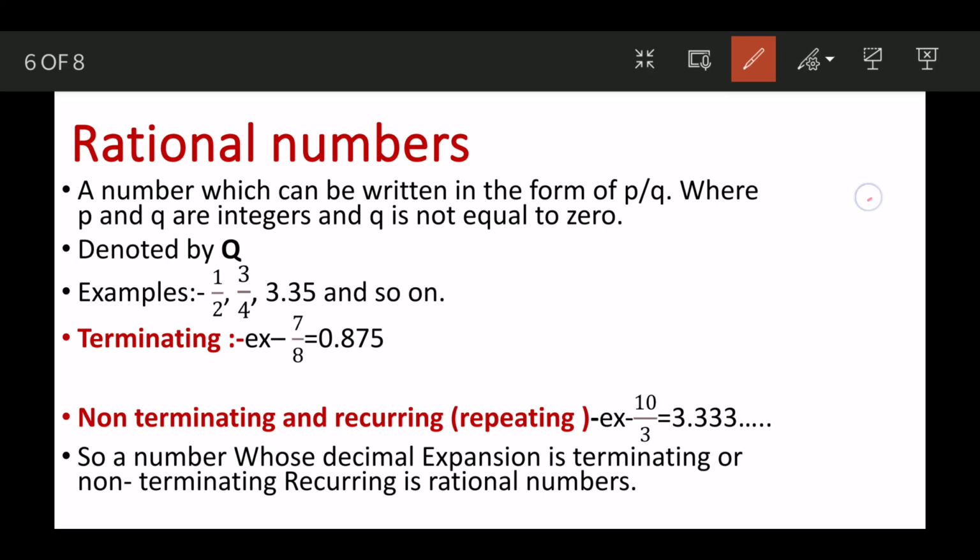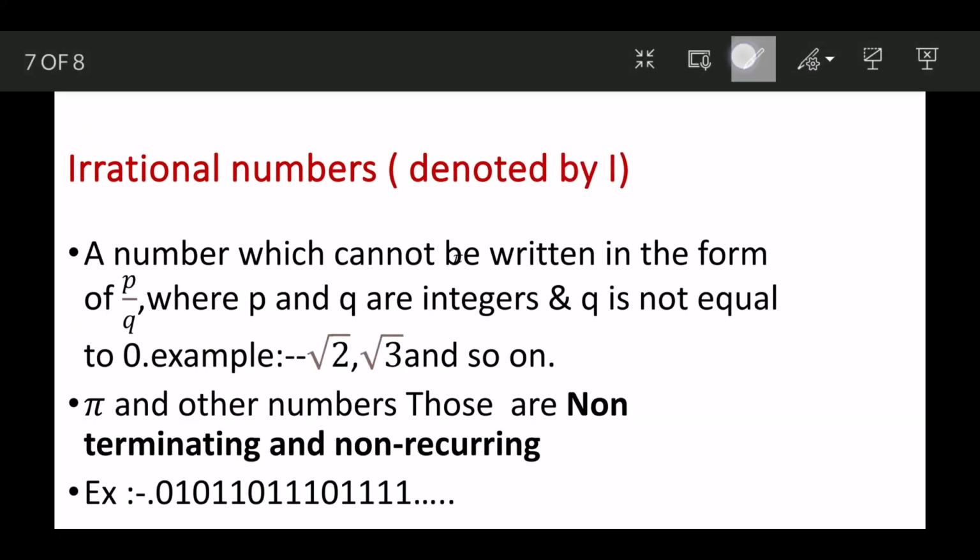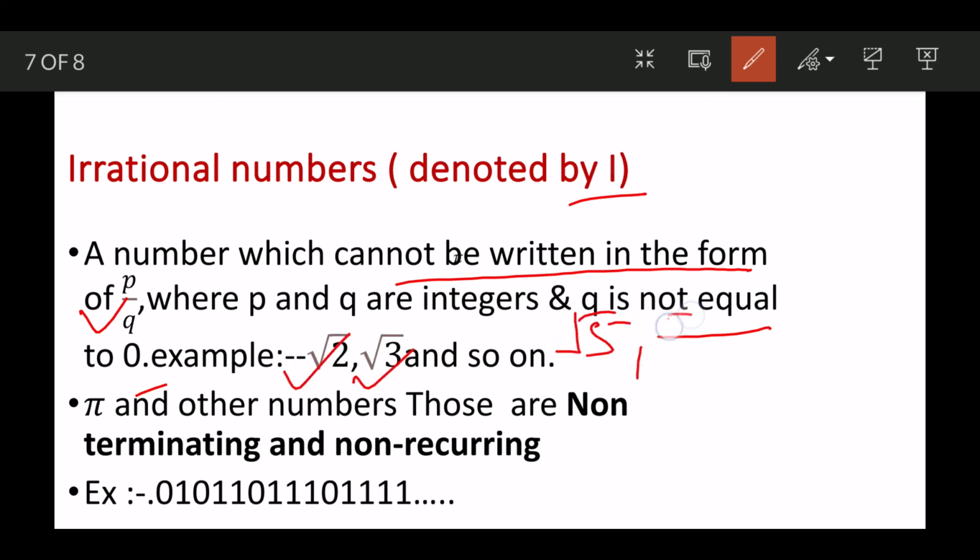Moving to the next, irrational numbers. Irrational numbers are denoted by I: a number which cannot be written in the form of p by q, where p and q are integers and q is not equal to 0. Now you can think, is there any number you cannot write in the form of p by q? Yes. As we have all heard about root 2, root 3, root 5, root 7. These are all numbers we cannot write in the form of p by q.